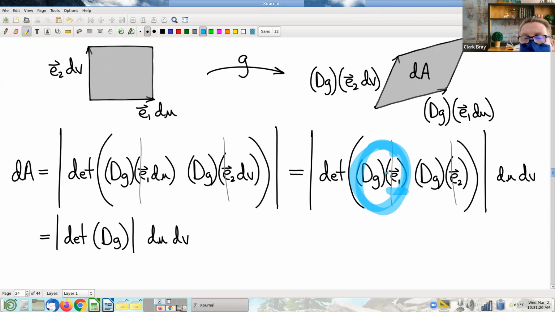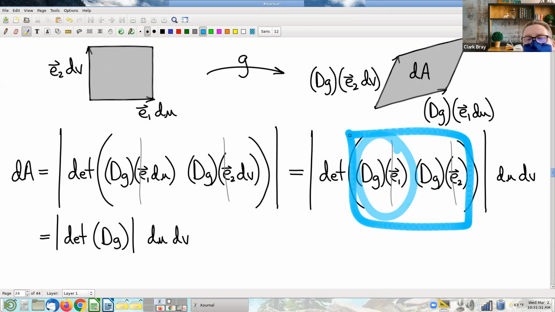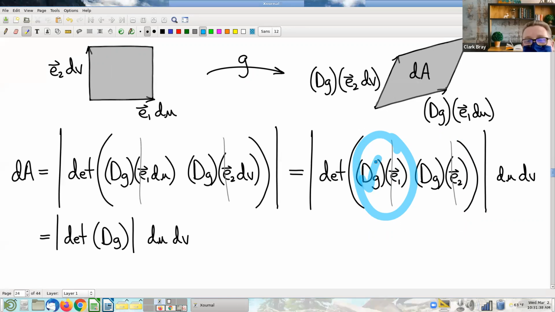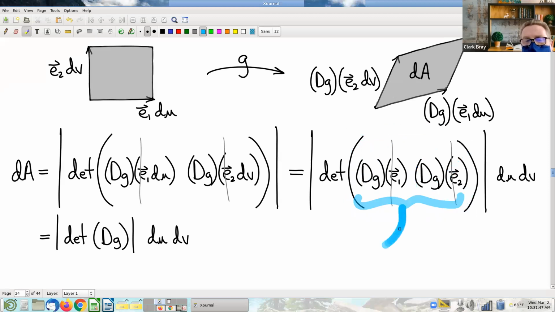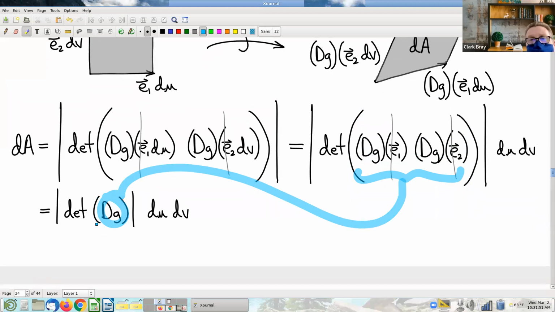So this thing right here is the first column of dg. Let me say that a little bit differently. The first column of the matrix I'm trying to understand is the first column of dg. And likewise over here, the second column of the matrix I'm trying to understand is the second column of dg. So that's dg. It's got the exact same first column and the exact same second column.